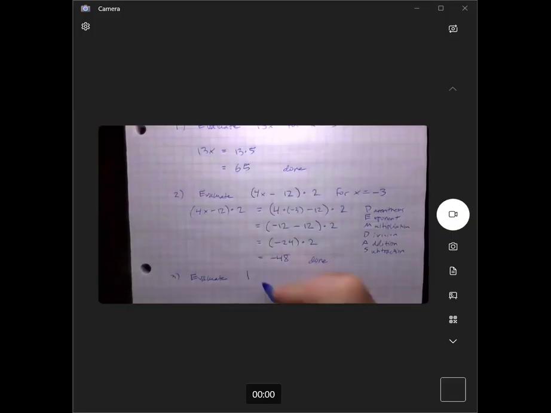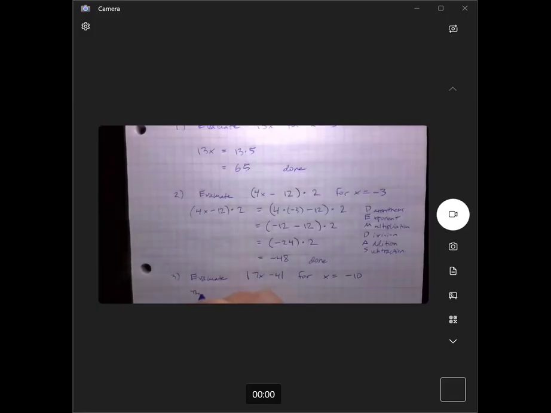Evaluate the absolute value of 7x minus 4 for x equals negative 10. So one really important piece of evaluating or working with mathematical expressions is to be able to take something that looks like a formula and understand what it means in words.